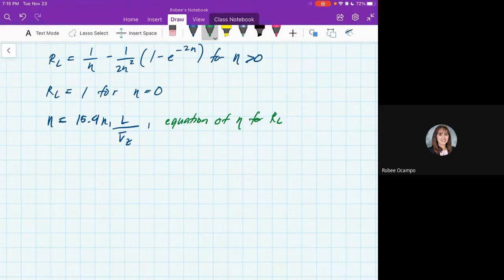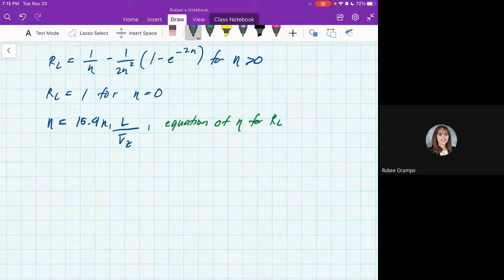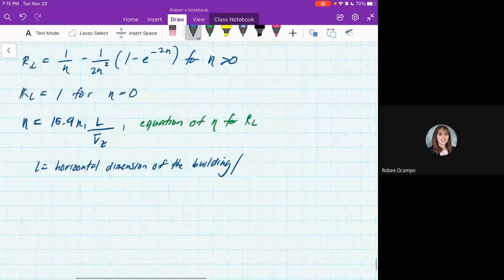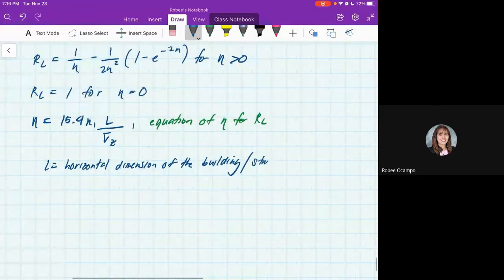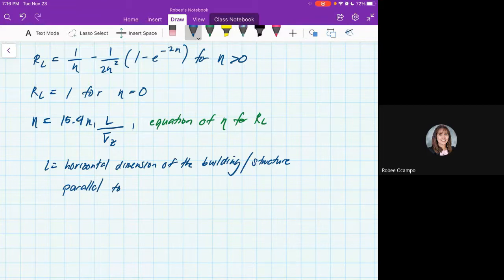So ano ba yung L natin? Our L will be the horizontal dimension of the building or the structure parallel to the wind direction.